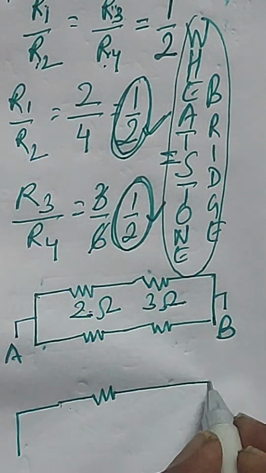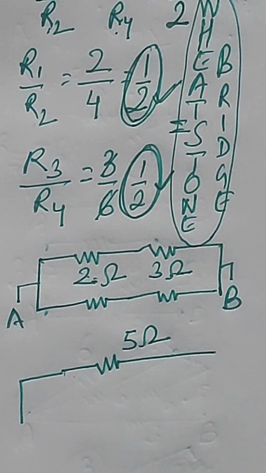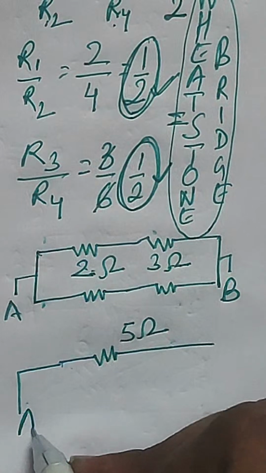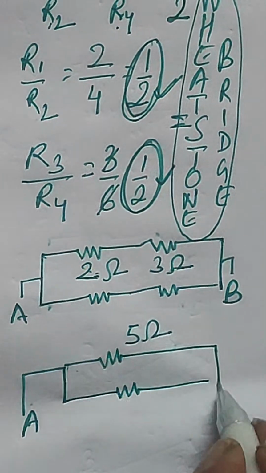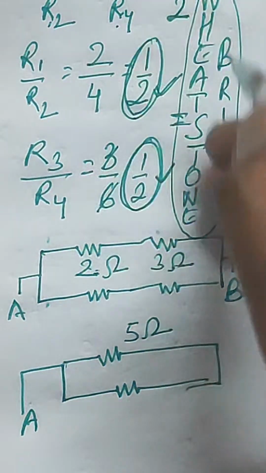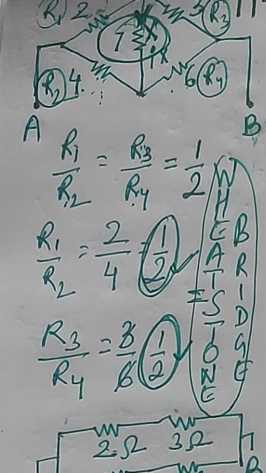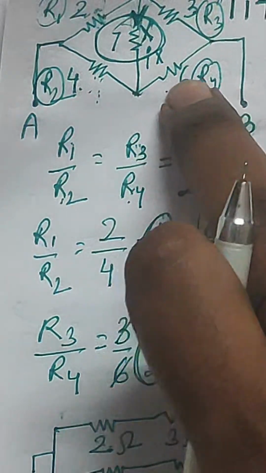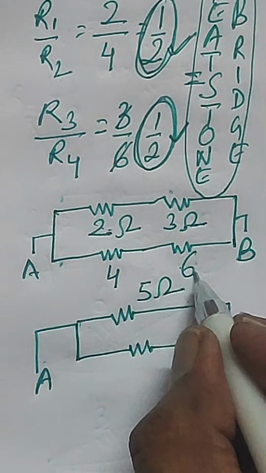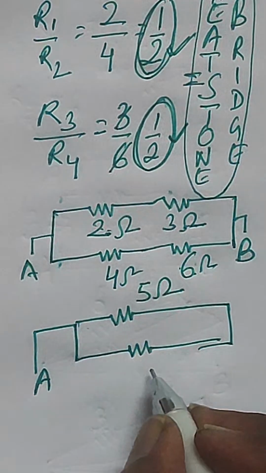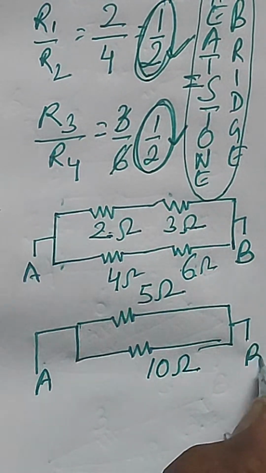So this will be 2 plus 3, that is 5 ohm, because for a series connected circuit, it always adds up. And in the bottom line, we have two resistances of 4 and 6. So this is 4 and this is 6. If you remember our circuit, this 4, this 6. So 4 and 6 will add up, and this will give you 10 ohm. And this is the tapping point B.